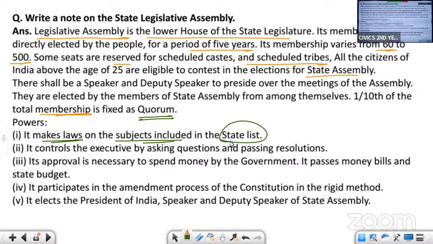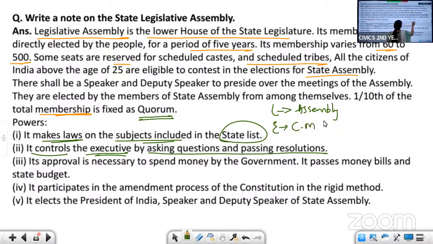Then we know that the legislature controls the executive. How is it controlling the executive? By asking questions and passing resolutions. So here the legislature is the assembly, and the executives are the chief minister and his ministers.